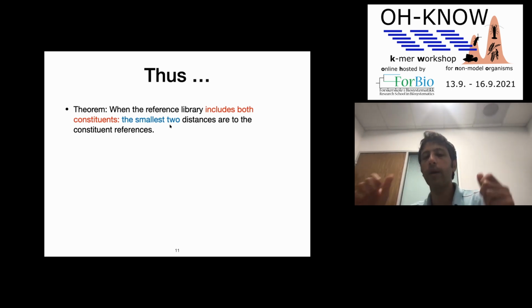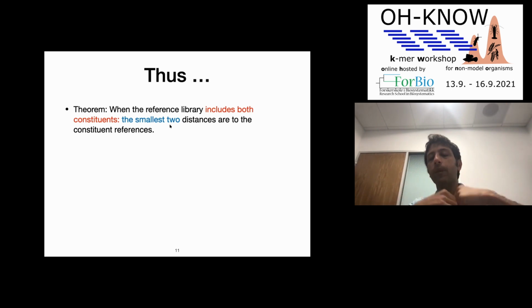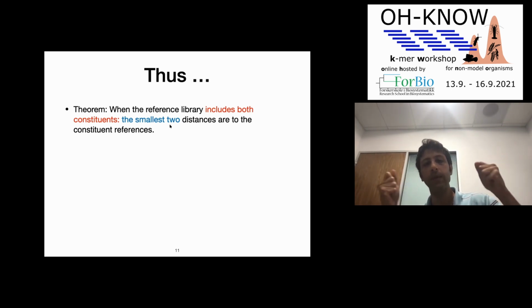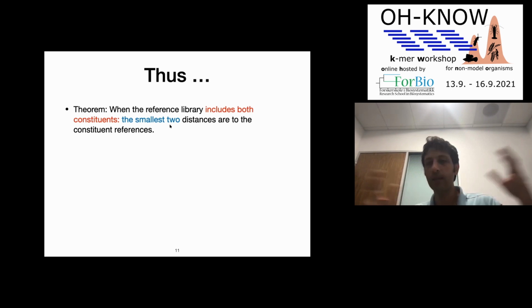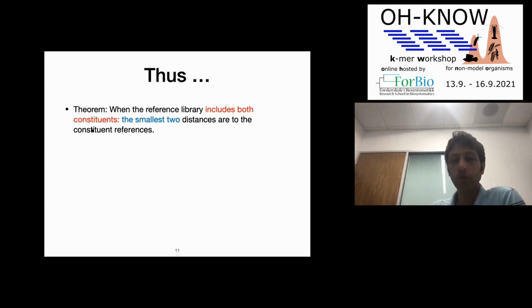So if I have a mixture of A and B, and my reference data set does include A and B in it, in addition to a bunch of other things, the distance from mixture to A and the distance from mixture to B are going to be smaller than the distance of the mixture to any other species. That's a very nice, surprisingly nice theorem we were able to prove.